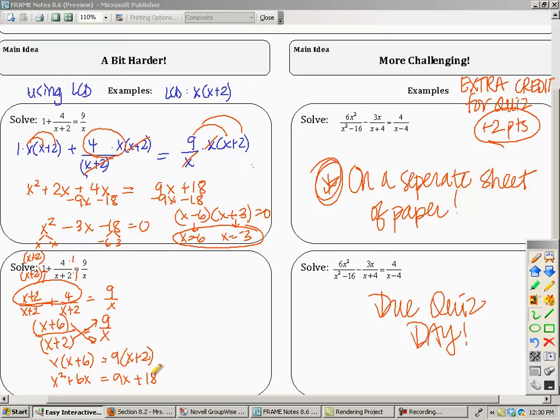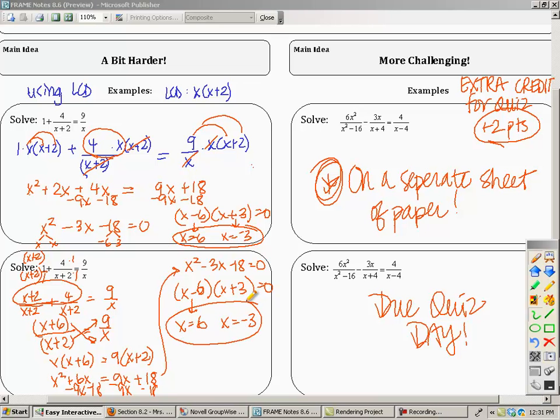This is exactly what we have above, where if I set it equal to 0, I get x squared minus 3x minus 18 equals 0. And again, you can factor this to x minus 6 and x plus 3. So x equals 6 and x equals negative 3.